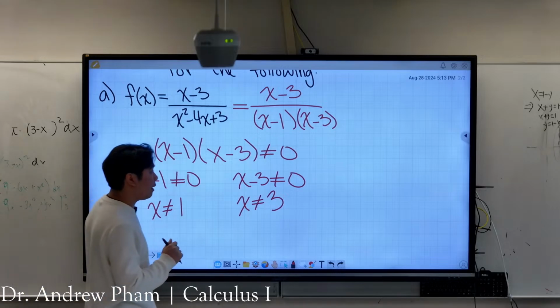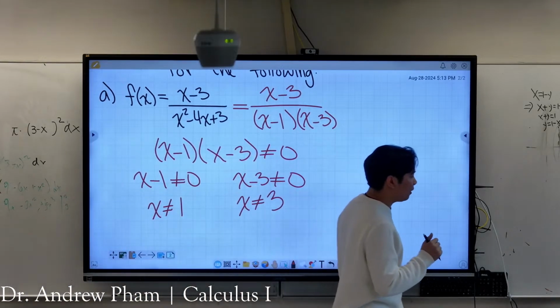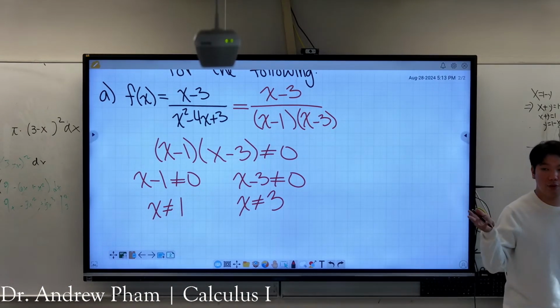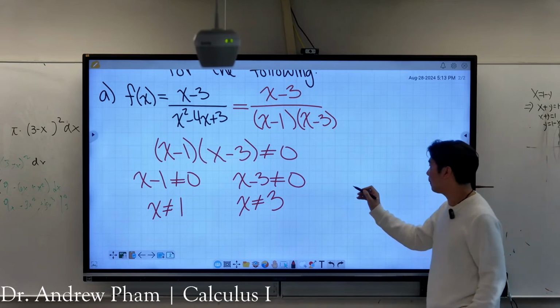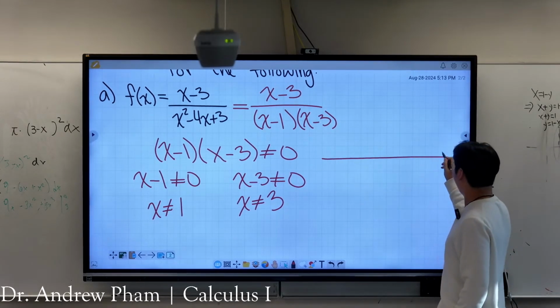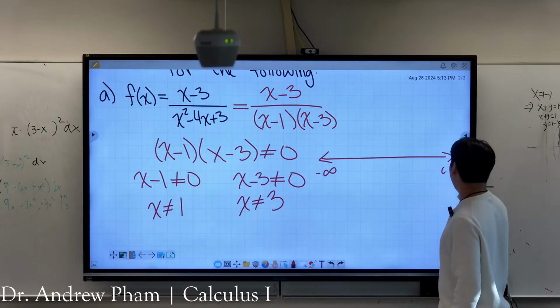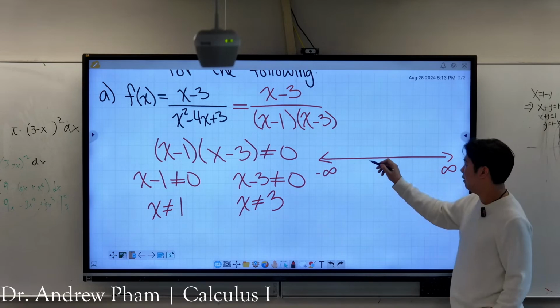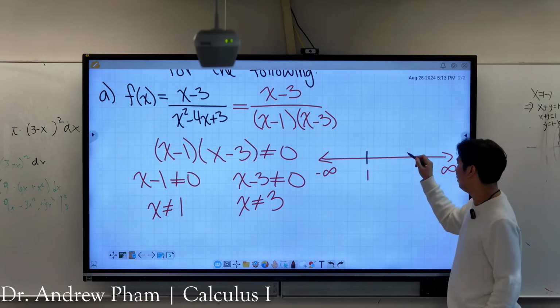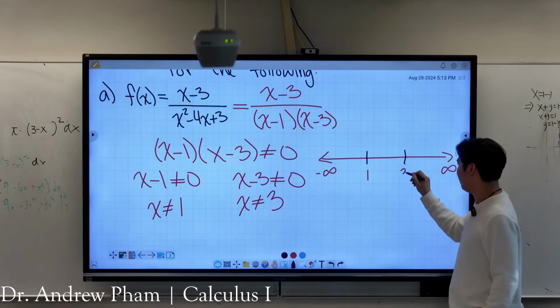To help us figure this out, especially if you're not used to interval notation, let's draw a number line really quick. On the left, we have negative infinity. On the right, far right, we have infinity. The numbers we were looking at were 1 and 3.